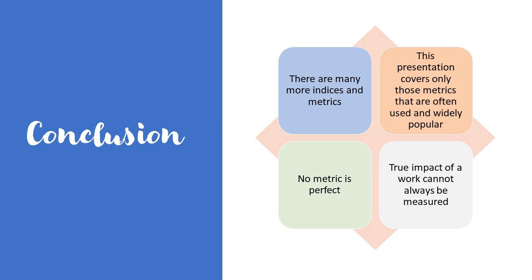For example, if you write some policy paper and government accepts that policy paper and immediately implements that policy, and that policy implementation drives huge reforms in a given sector, can this impact be measured in numbers? No. So Scientometrics can measure only certain things, but the actual impact cannot be measured by most of these indices.